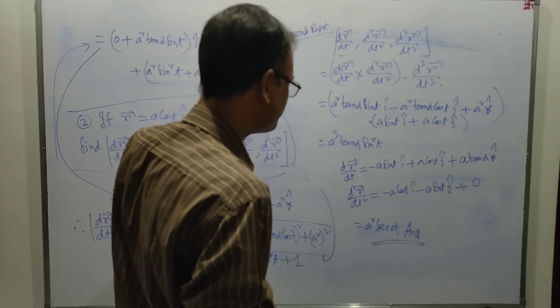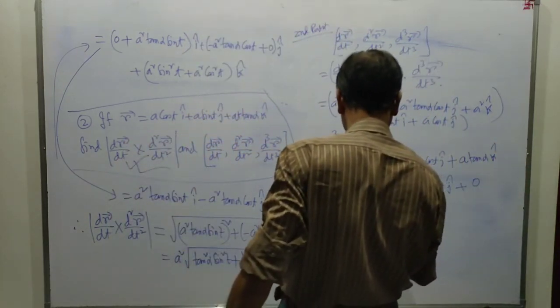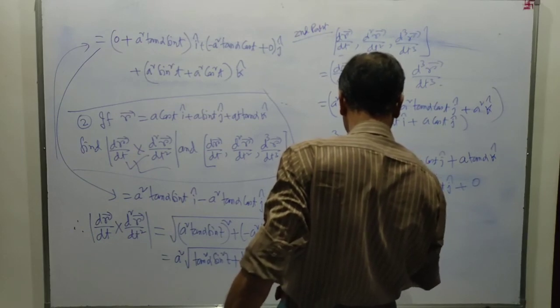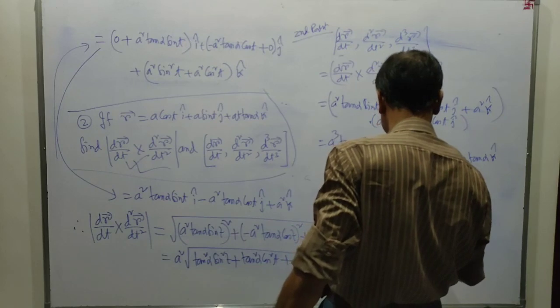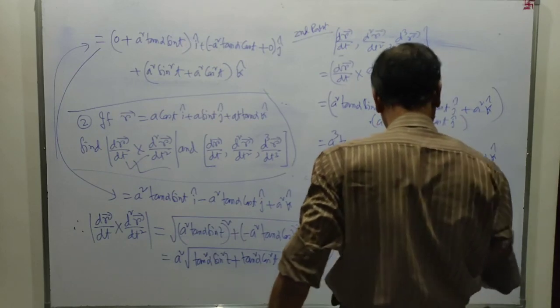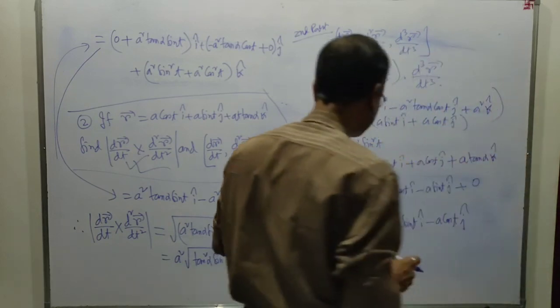And d cube r by dt cube will be equal to plus a sin t i cap minus a cos t j cap.